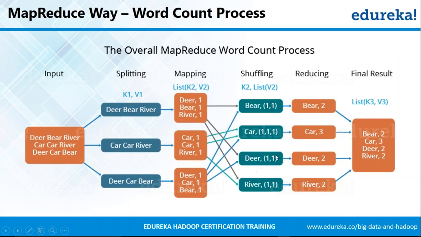The same happened for deer, that is deer 1, 1, and finally for river, that is river 1, 1. In the reducing phase, for every key, the list of values was summed up, and the result was bear 2, car 3, deer 2, river 2. Finally, this was the final output on the right, which was sent back to the client. So this was the word count process using MapReduce.